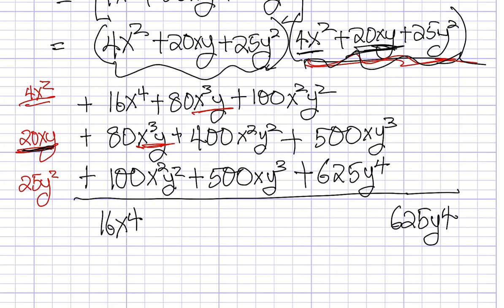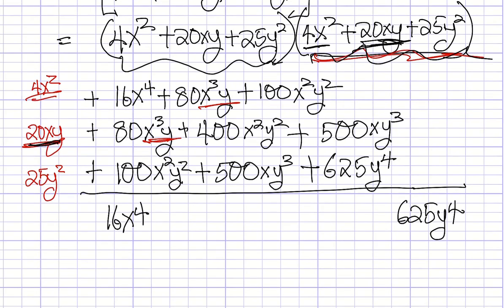What do we get? We get 80 plus 80, 160. x raised to power 3, then y. You see that, right? What is the next one you can pick on? Pick on this one. See the variable here, right? Okay, what is that? 100, 400, and 100.